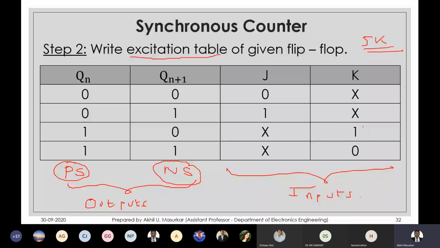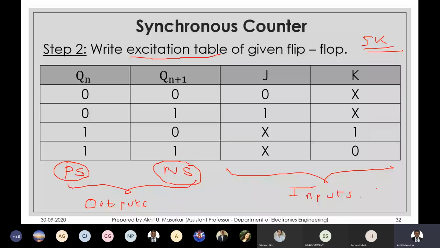For 0, 1 it is 1, don't care. For 1, 0 it is don't care and 1. And for 1, 1 it is don't care and 0. Once you write this excitation table, write ET done.